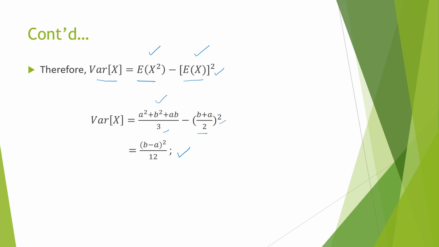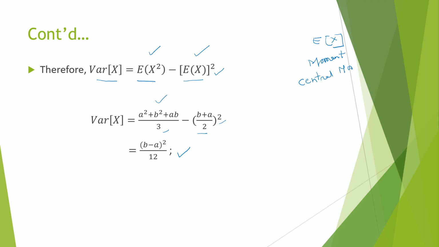So in this video, we started with expected value, we defined expected value, and then the general definition of moment was discussed. We have seen what the first moment is, that itself is the mean value, and the second moment is the mean square value, and then we defined central moments.